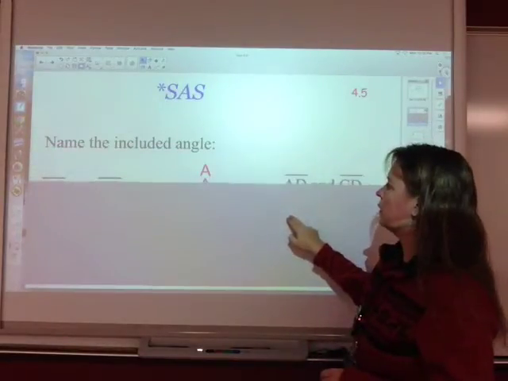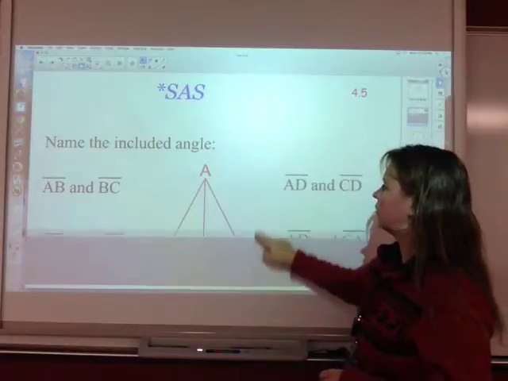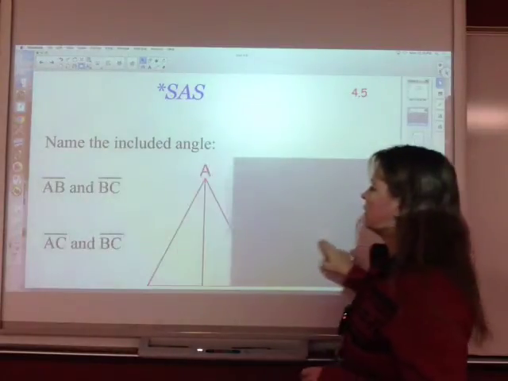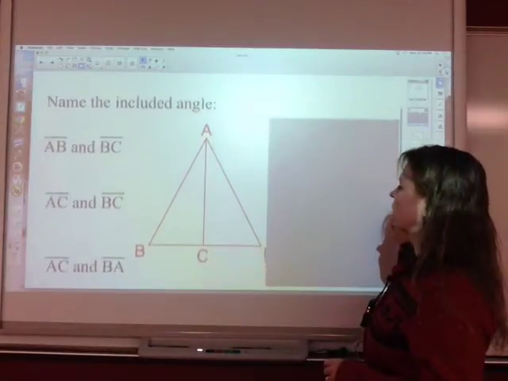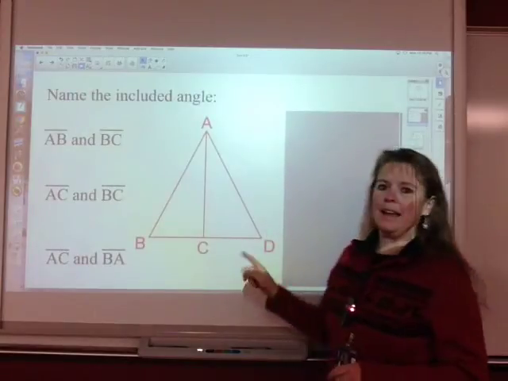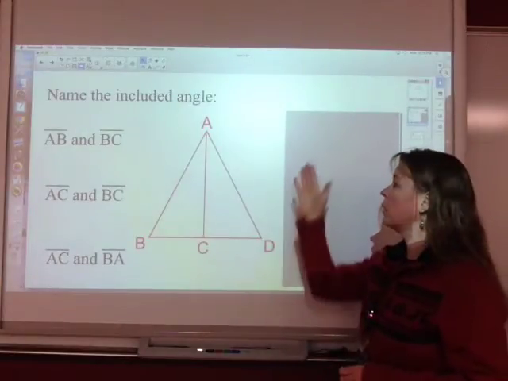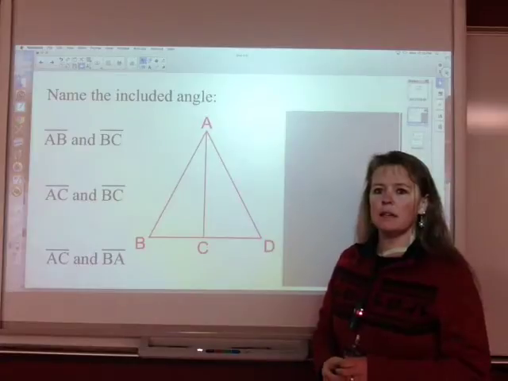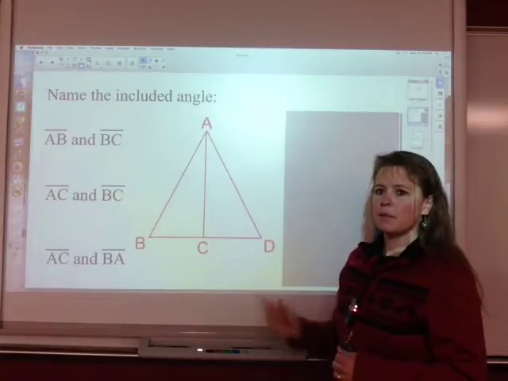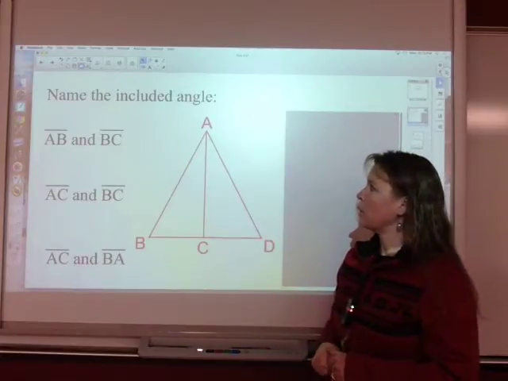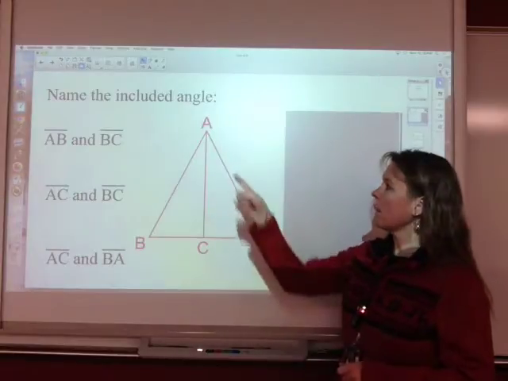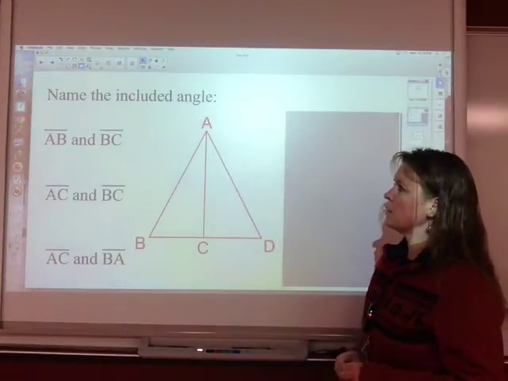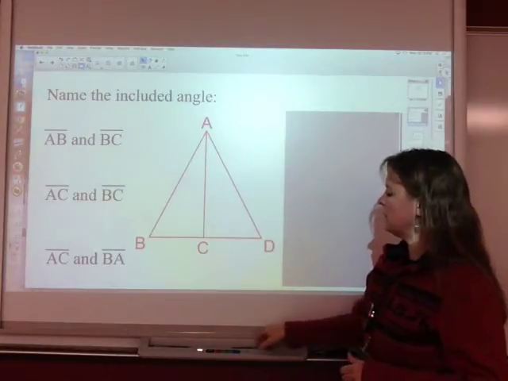Name the included angle. First I'm going to have you draw this diagram. Just draw the triangle right now. You've got triangle ABD. It's split right in half by segment AC. Take the time to draw it, label it, pause this if you need to. We need the included angle between segment AB and segment BC.